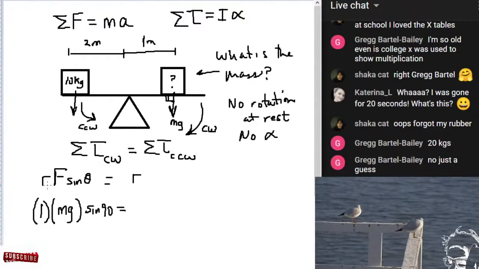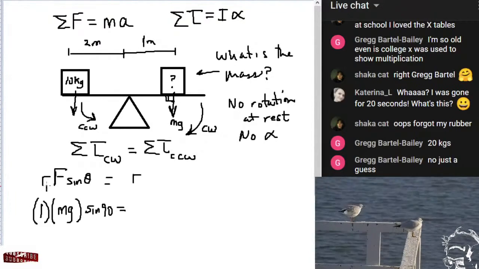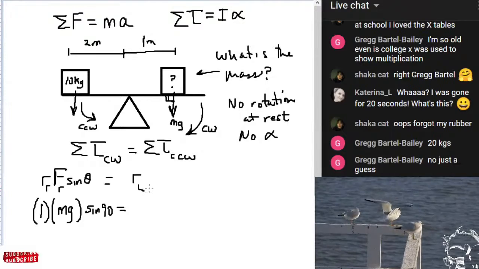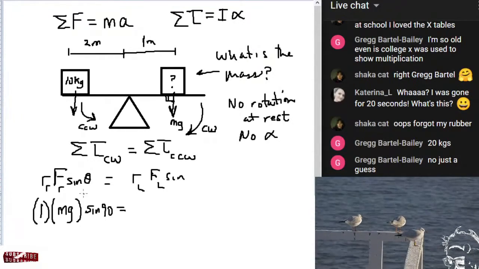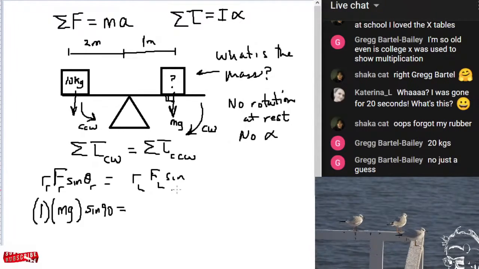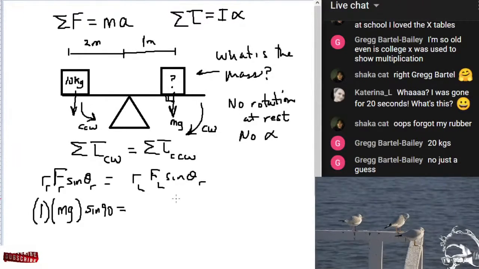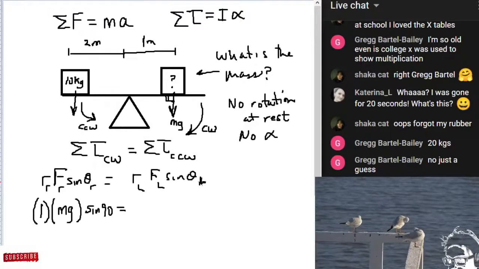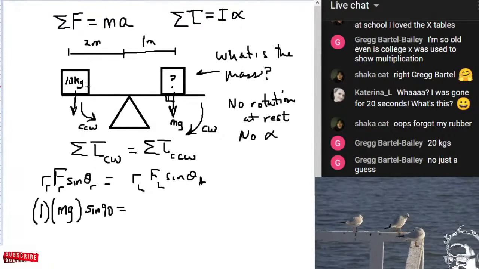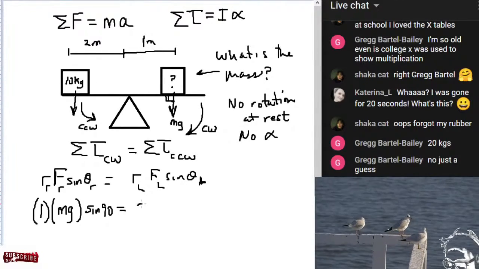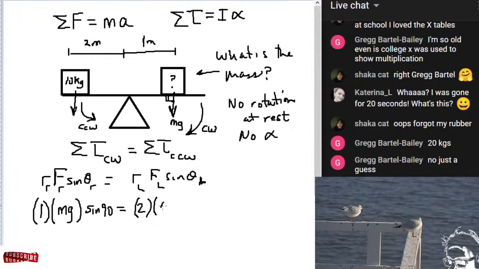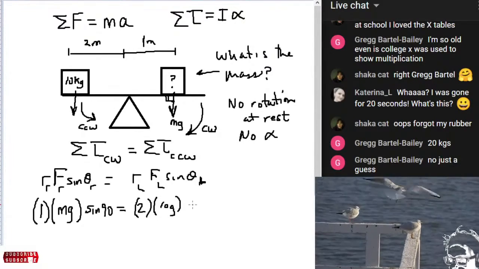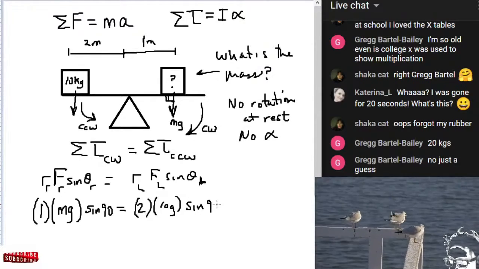Let's make this the right side, r for right side, and this is the left side. So r of the left is 2. F is 10 times g. And the sine of 90 again.